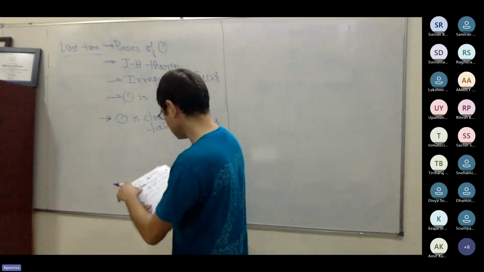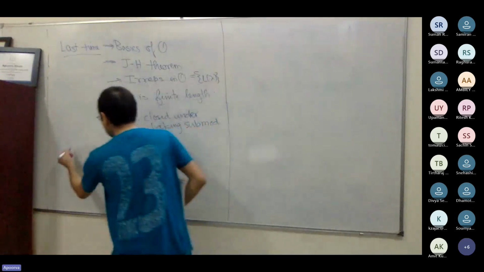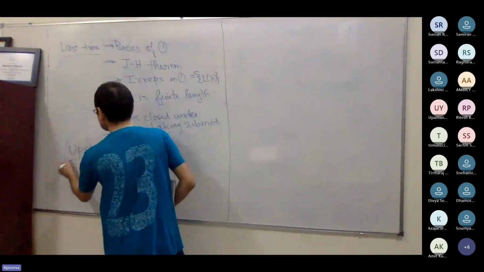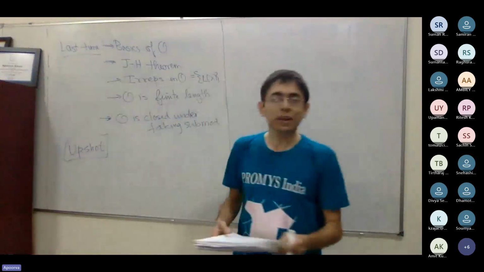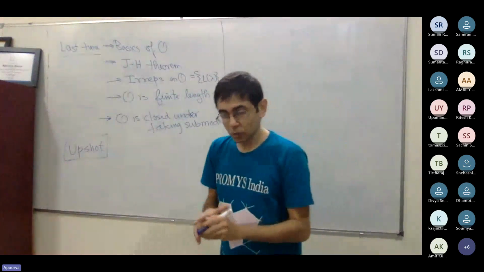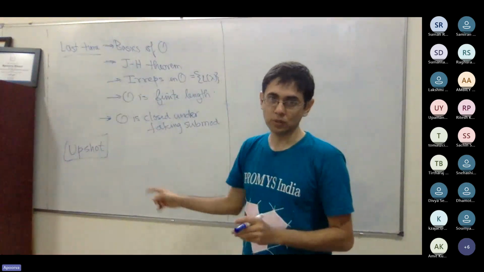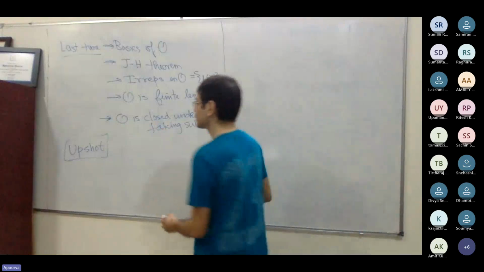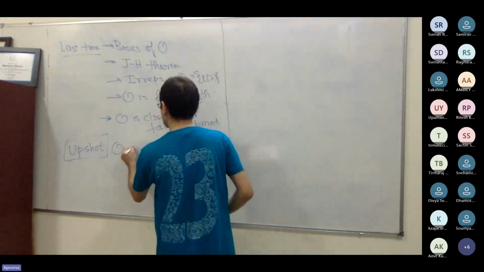So as the upshot, maybe I should mention this here. Whenever a category of modules is closed under direct sums, quotients and submodules, it is called an abelian category.